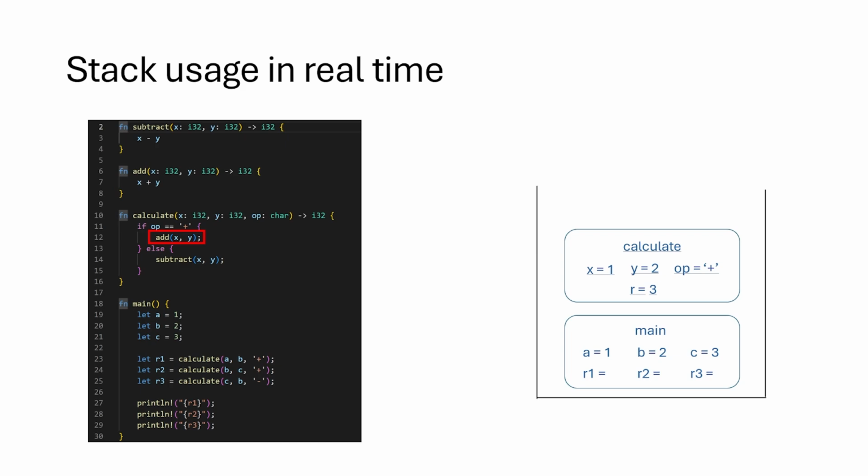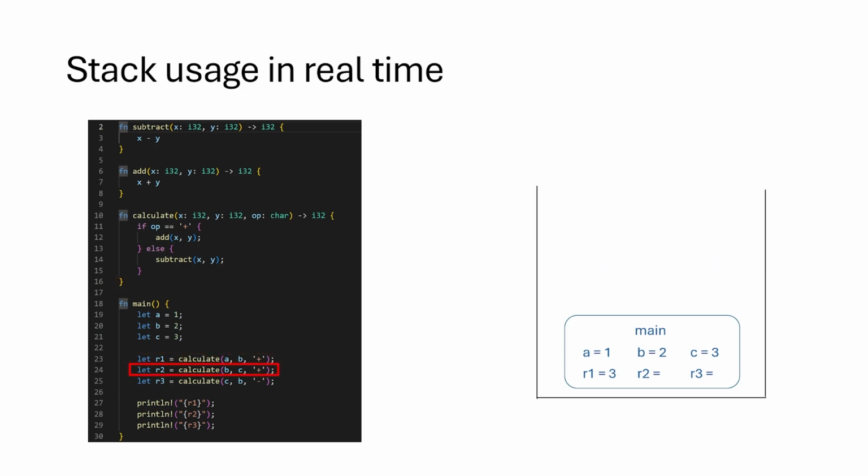And it's gone, right? So now we come back to calculate. Now, when add was destroyed, it actually assigned the value of 3 to R, which in this case is the result of that add function, right? So we know what R is. We continue through. We hit its end of function call. At this point, then R1 will become 3 in main, and then calculate will be terminated.